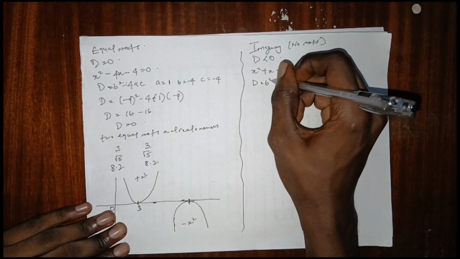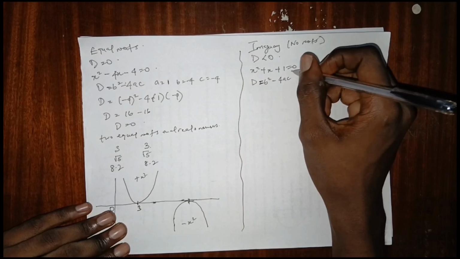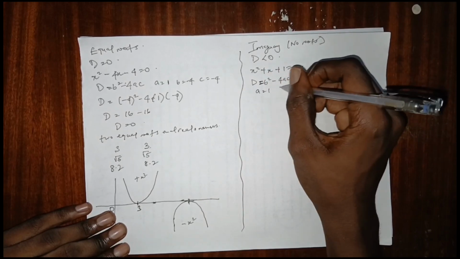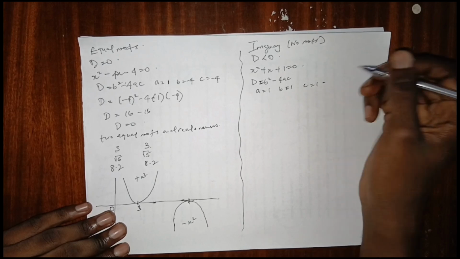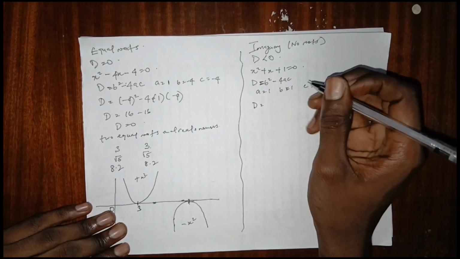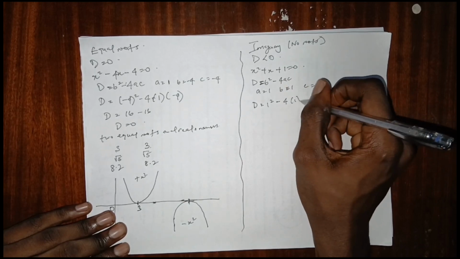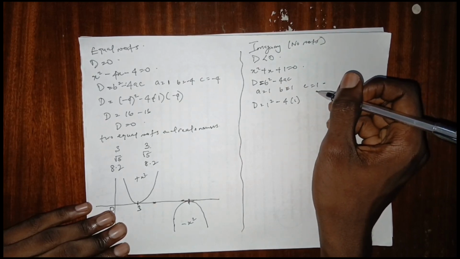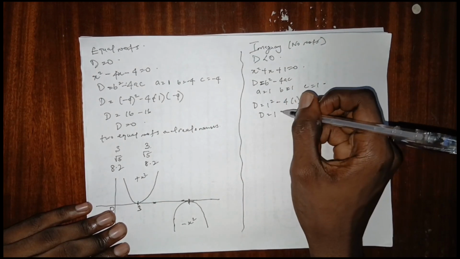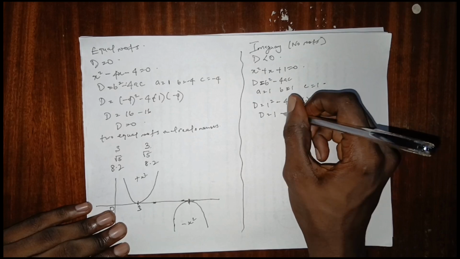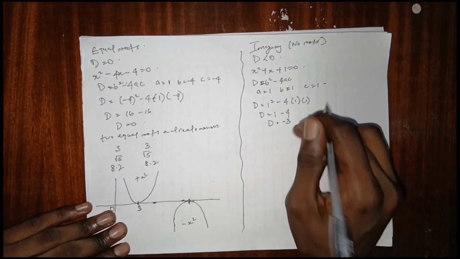D is b squared minus 4ac, where a equals 1, b equals 1, c equals 1. So D equals 1 squared minus 4 times 1 times 1. 1 squared is 1, then minus 4, so D equals minus 3.